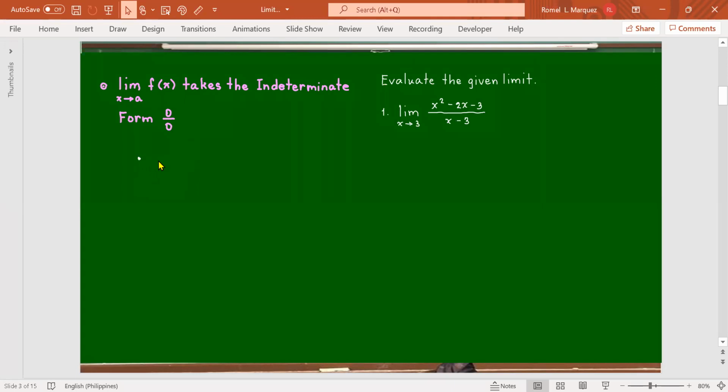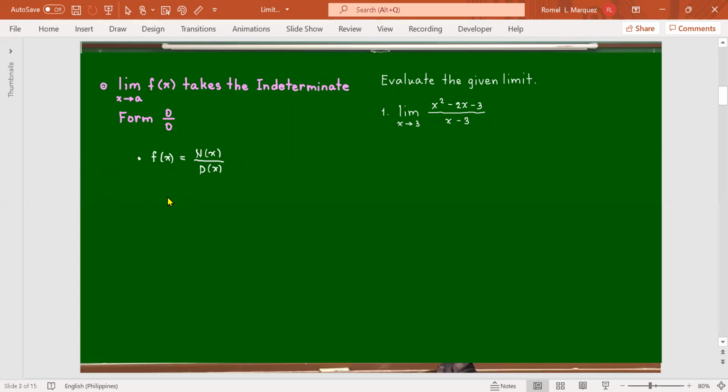So again, normally, if your f of x is a quotient, so we have, let's say, numerator in terms of x over the denominator, which is in terms of x. Now, if the numerator and denominator's limits happen to be both equal to 0, then it is possible that the limit may exist, no? And how to get the possible limit, if that will be the case?